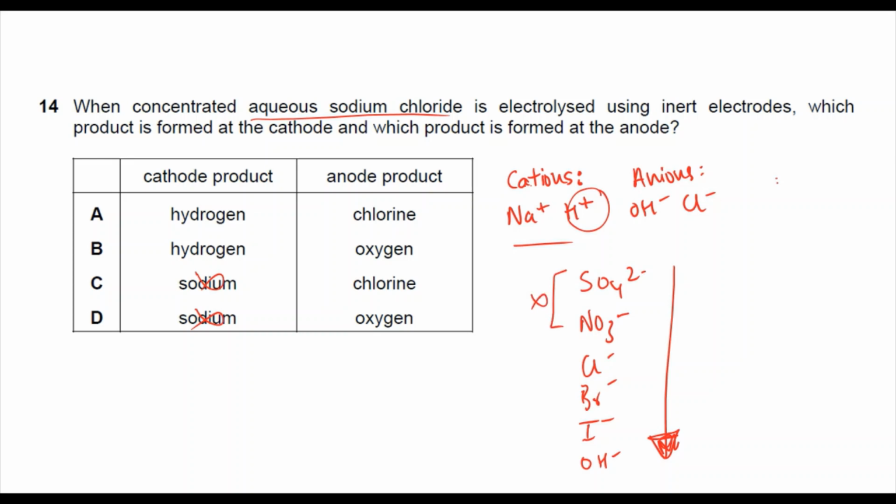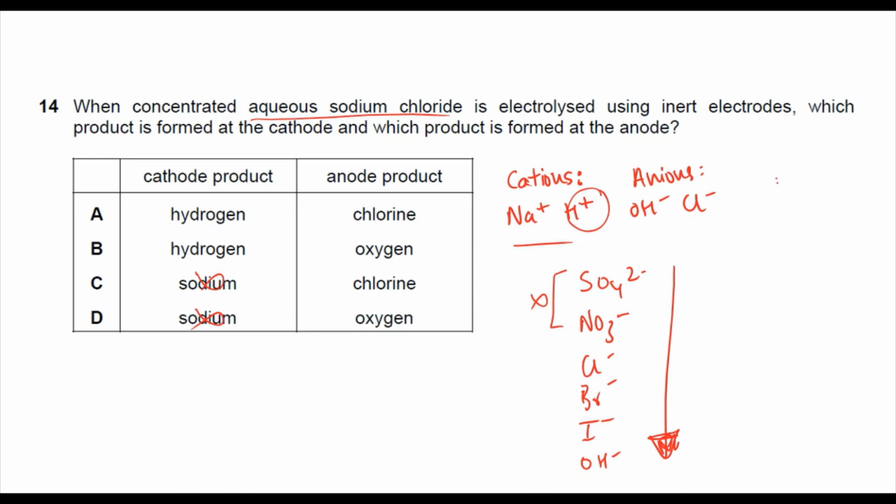It's either the halides or the oxygen because of hydroxide. So for the anion at the anode, we look at two factors. The first one is this series, and according to that series, oxygen should be discharged. But in reality, chlorine is discharged. Why?